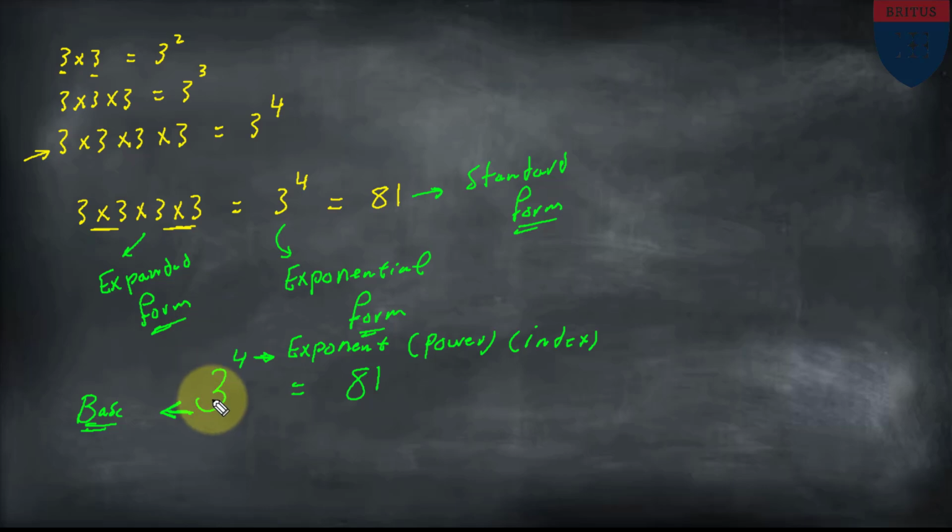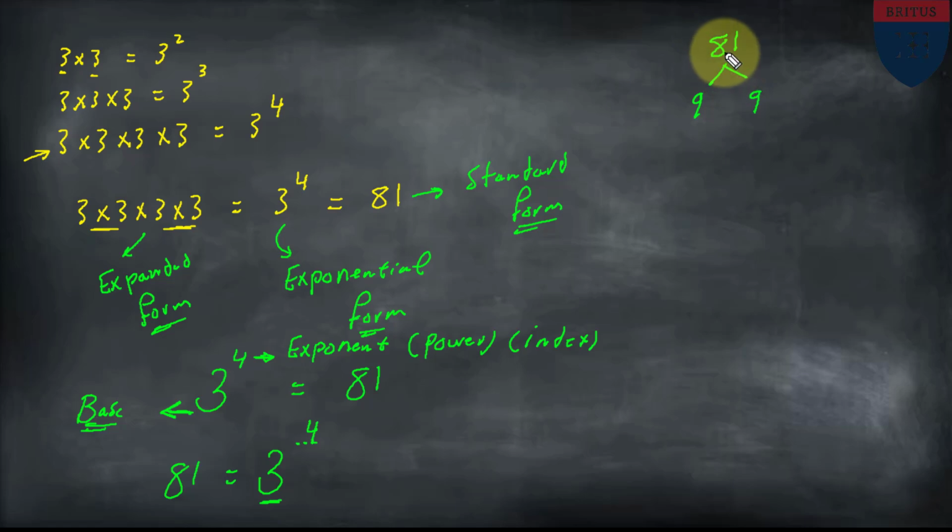Now, guys, we can write 81 as what? As 3 raised to the power what? 3 raised to the power 4. For example, how can we write 81, mister, in exponential form with the base 3? We studied that 81 is equal to 9 times 9 by using factors.